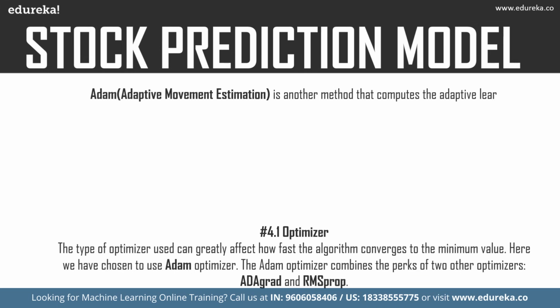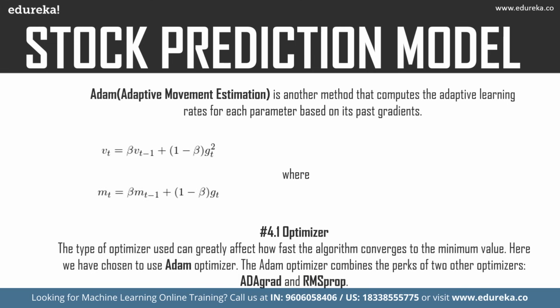Now, the adaptive moment estimation, or Adam, is another method that computes the adaptive learning rates for each parameter by considering the exponentially decaying average of the past squared gradients and the exponentially decaying average of past gradients. Now, what you see on the screen is how they are represented. The v and the m can be considered as the estimates of the first and second moment of the gradients respectively, hence getting the name adaptive moment estimation.